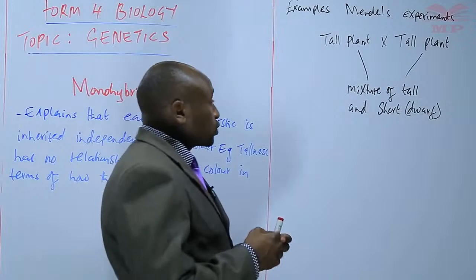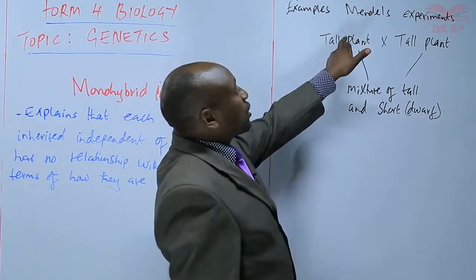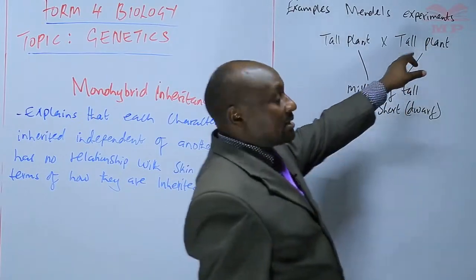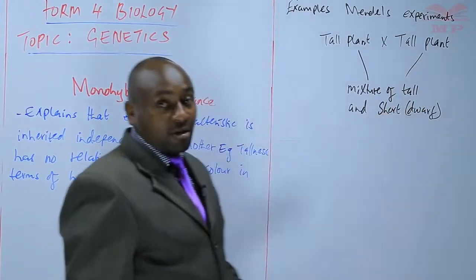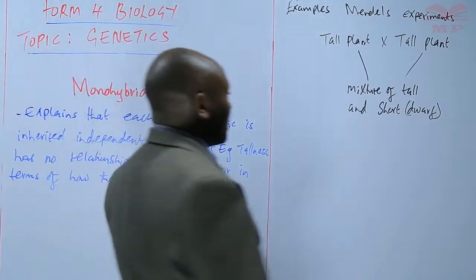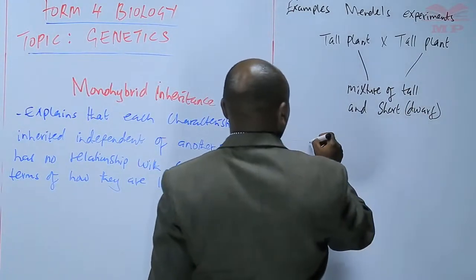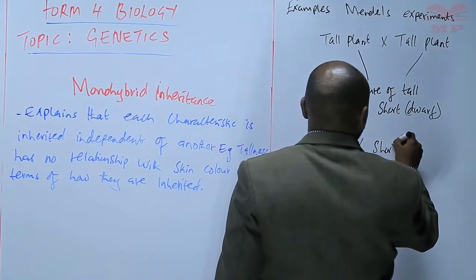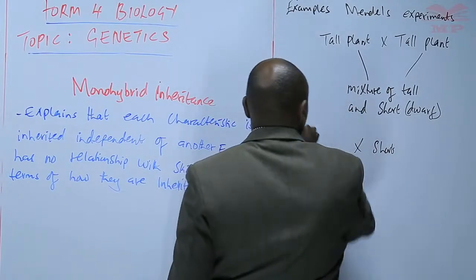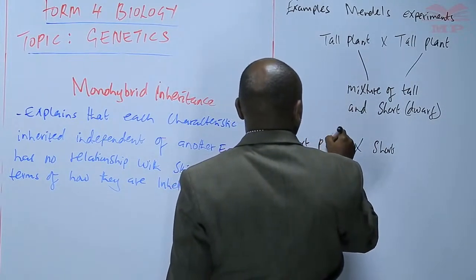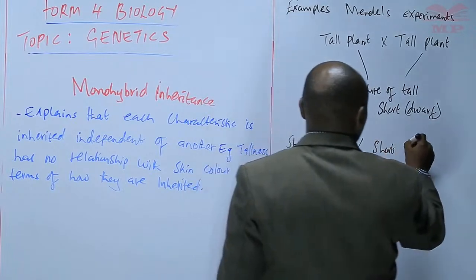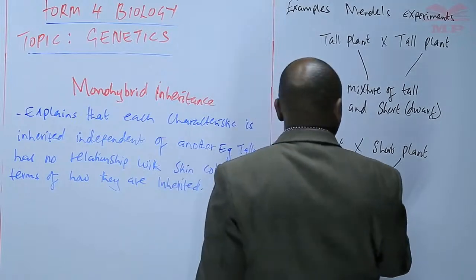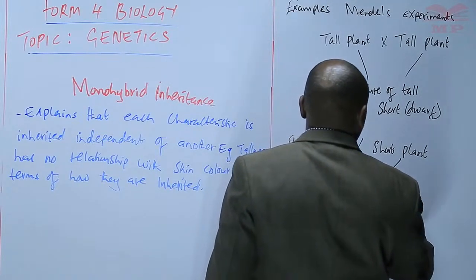And therefore, the conclusion is that there are some traits of shortness in this plant. And there are some traits of shortness in this plant, and that's where we are getting the dwarf plants. He also said that when you cross the short plant and then the short plant, in this experiment, he got only short plants.